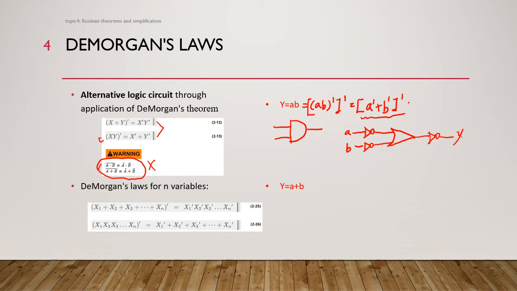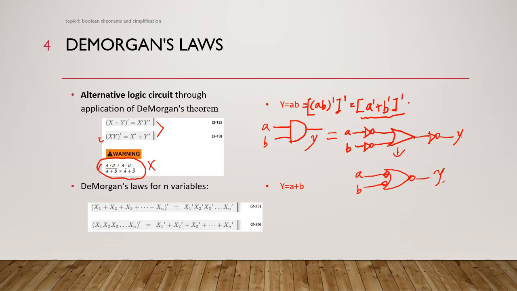So what you have found is that these two circuits are actually equivalent to each other, and sometimes we can simplify the NOT gate just using one bubble. So this also can be drawn like something like that. So these bubbles represent the NOT function there.